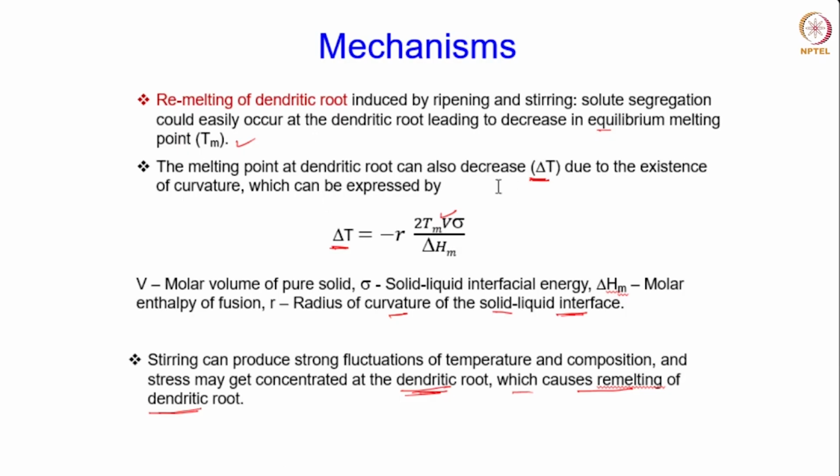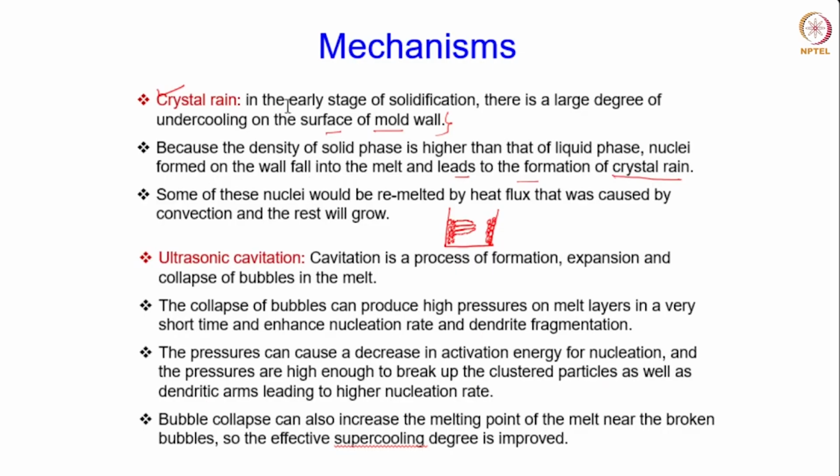It also creates a curvature which develops a pressure on the solid-liquid interface, and all these ultimately lead to the melting of the dendrite roots, leading to their detachment. And then we talked about this crystal rain, which is basically the nuclei formed on the mold wall getting detached and getting dispersed into the liquid metal, leading to more nuclei in the melt.